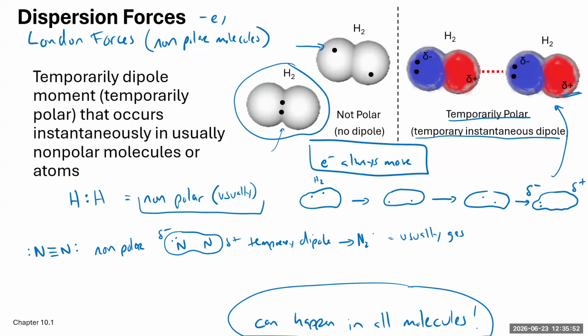So N2 is usually a gas, but there is liquid nitrogen, right? If there's liquid nitrogen, we know that there are intermolecular forces occurring because you can't have a liquid without intermolecular forces, right? So it needs intermolecular forces.